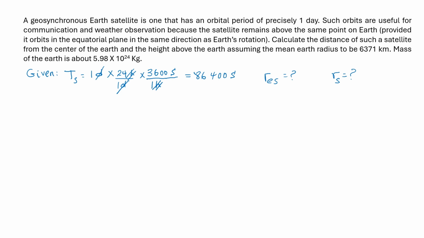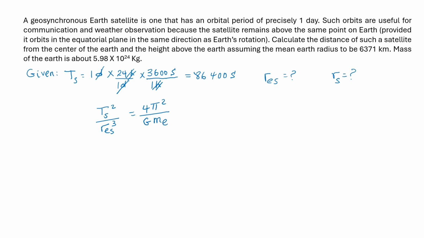From Kepler's third law, we know that the period squared divided by its distance to the power of 3 is equal to 4 pi squared divided by the gravitational constant G multiplied by the mass of the body. In this case, it is our Earth, so mass of the Earth.